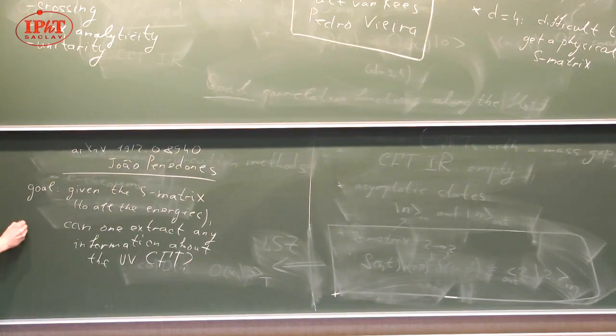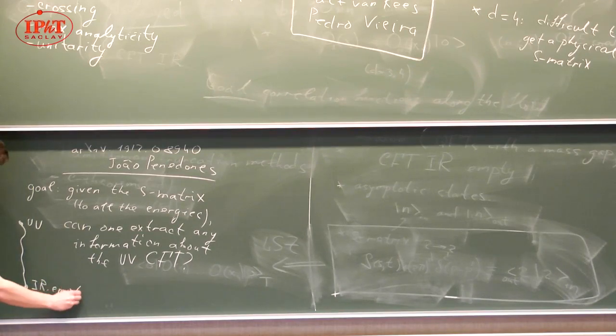So this is the UV CFT, this is the IR CFT, which is empty, trivial. So suppose we know the S-matrix along the flow, which is valid anywhere here at any energies. Can we say something about the CFT data at this point?